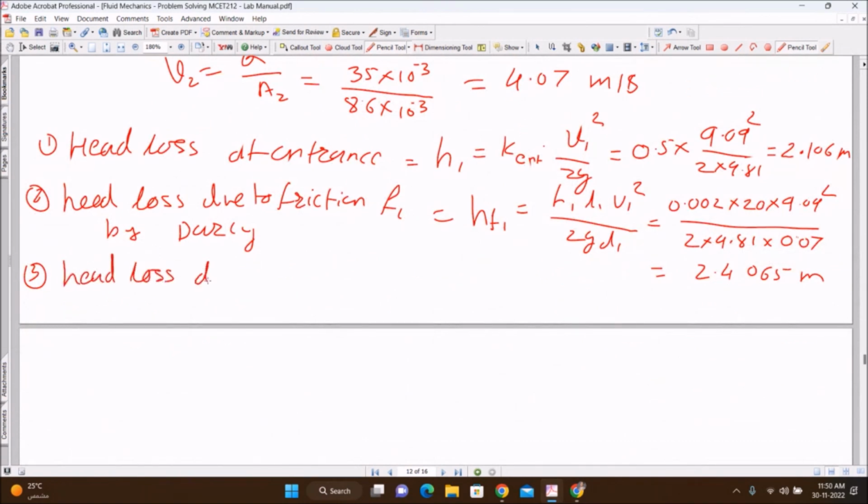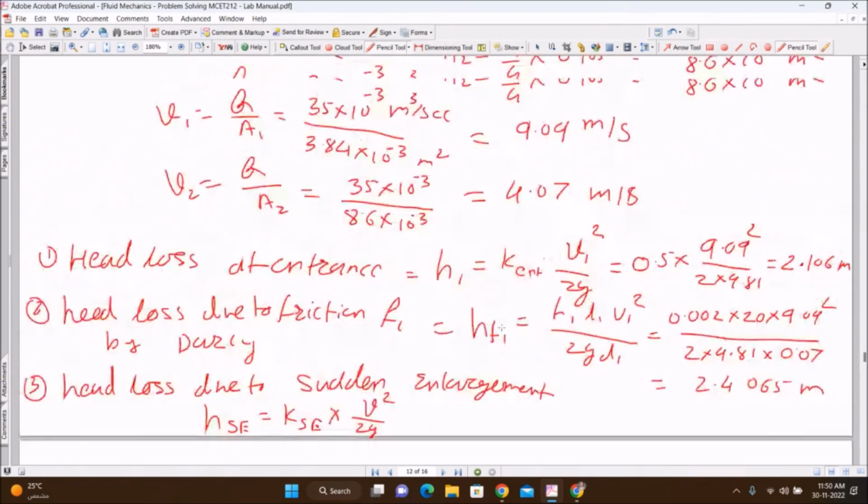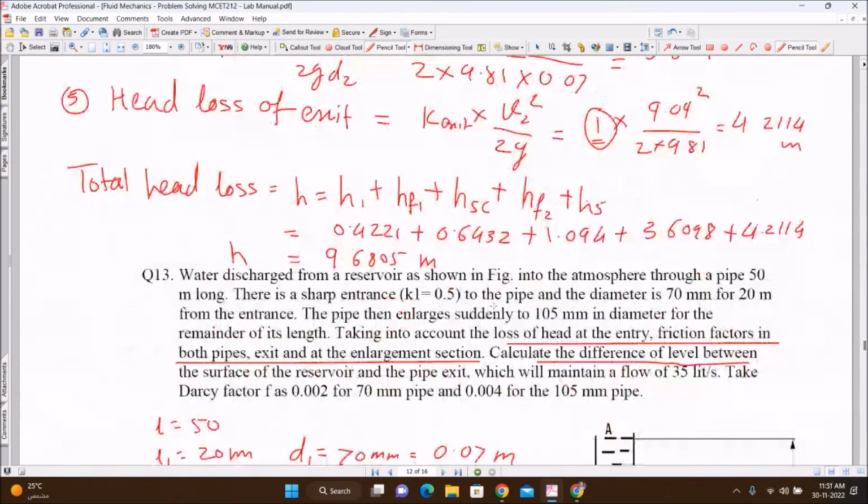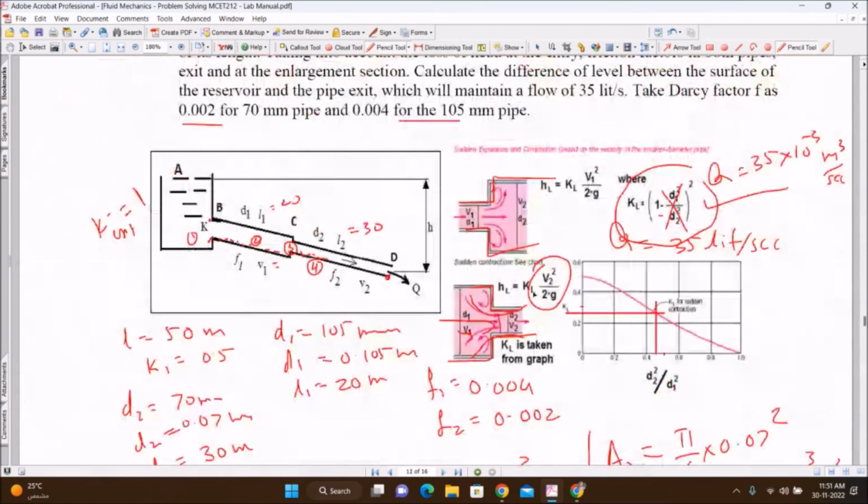Number 3, head loss due to sudden expansion or enlargement is equal to HSE is equal to KSE into V square by 2G. Which V? I need to see, for enlargement, inlet or outlet. So go to the first diagram. Yes, here. See, this is a sudden enlargement. So I need to take this V1 square and I need to use this formula.